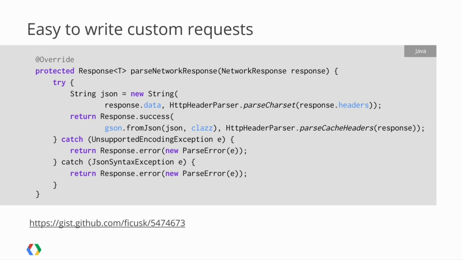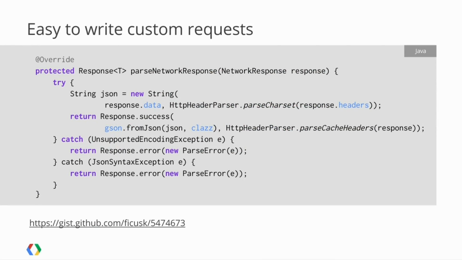If you haven't heard of the Gson library, it's a JSON serialization and deserialization library that uses reflection to populate your Java model objects from JSON objects. You just make Java classes that look like your JSON schema, pass it all to Gson, and it figures it out for you. So here's the relevant snippet from a JSON adapter for Volley.